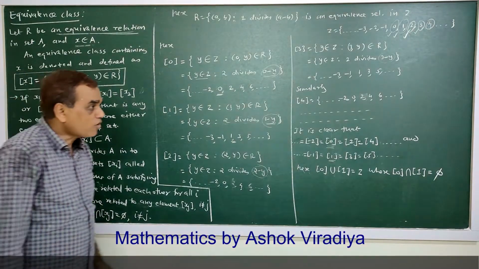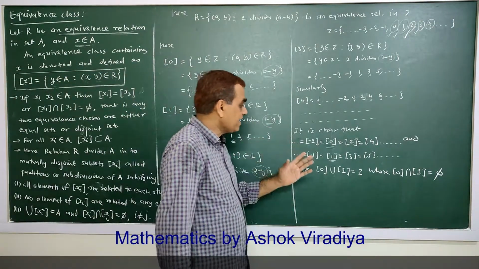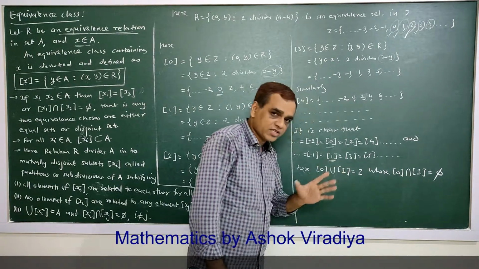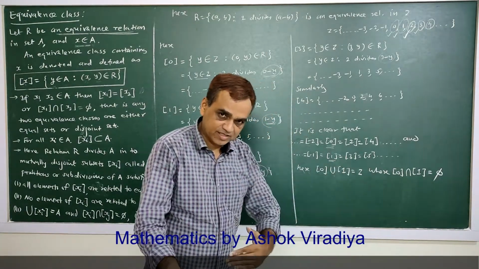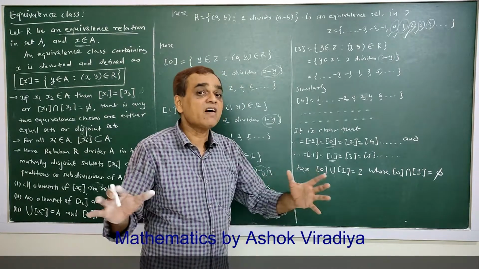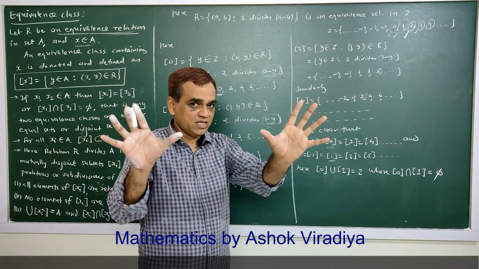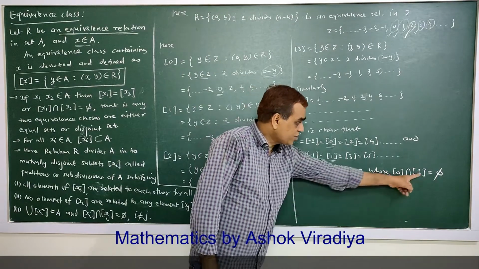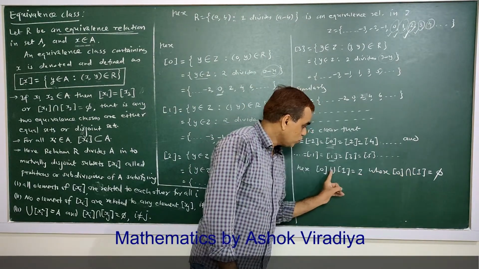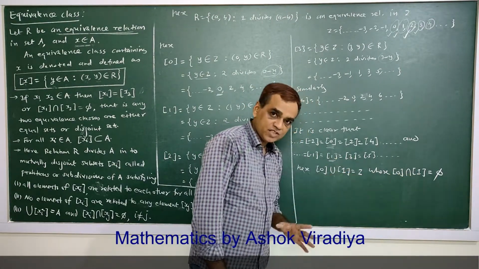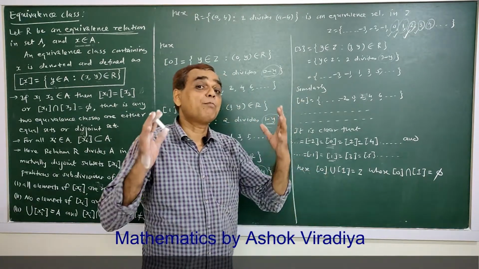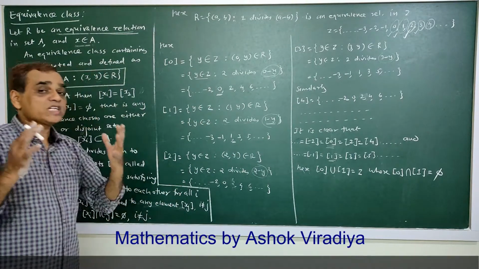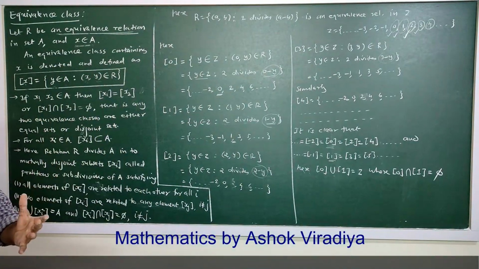We are getting only two sets, the set containing even numbers and the set containing odd numbers. Z is divided in two sets, both disjoint, whose union is Z. So these two sets are partitions of Z, or equivalence classes of Z.